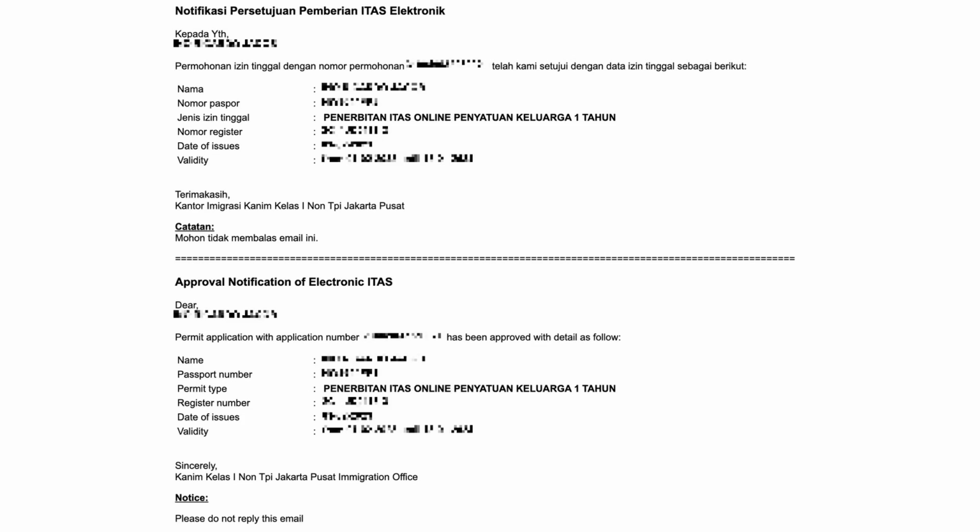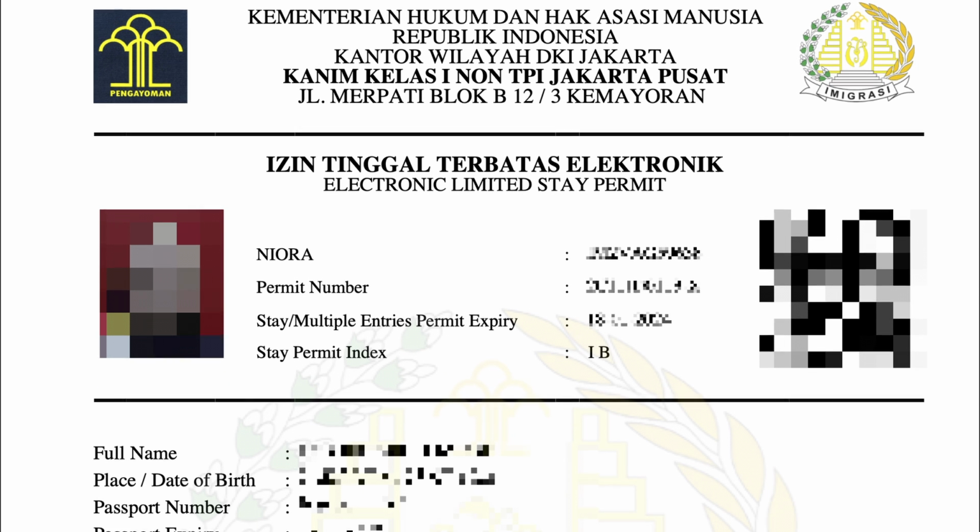Once that's done, it's going to take 2 days to process. You will also get an email from the immigration office stating that your KITAS is ready to be picked up. And you will also receive an email with the electronic KITAS, so you can print it out.